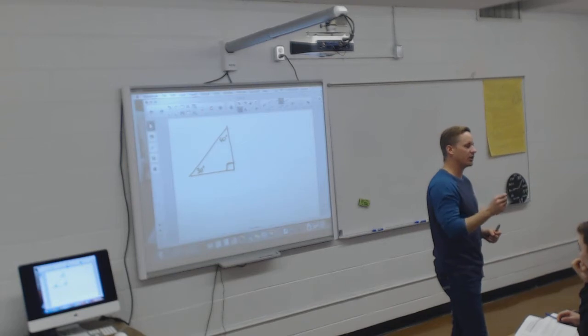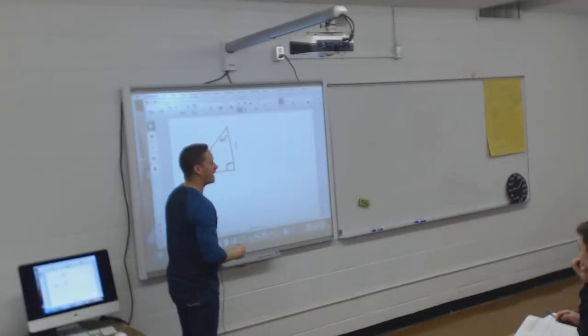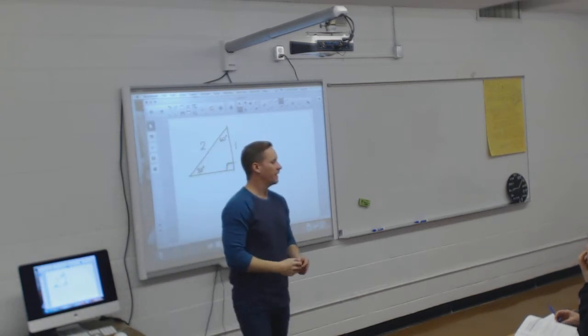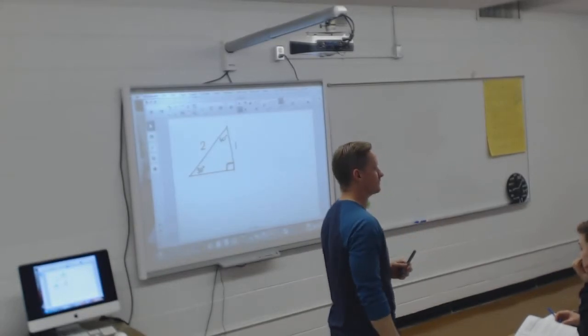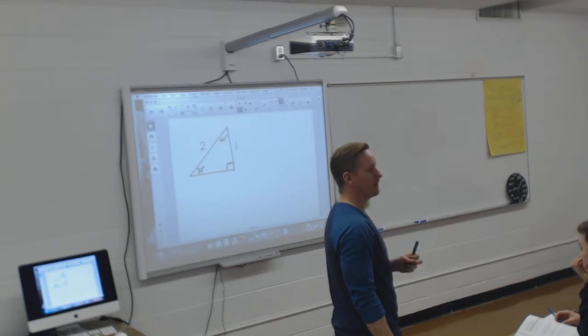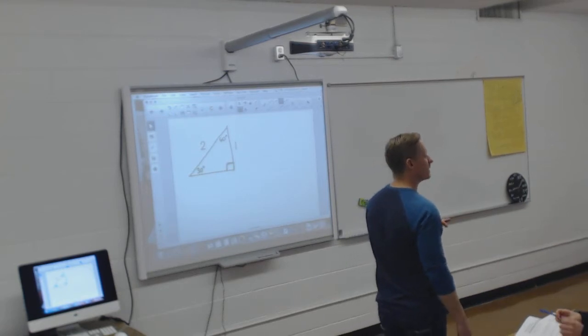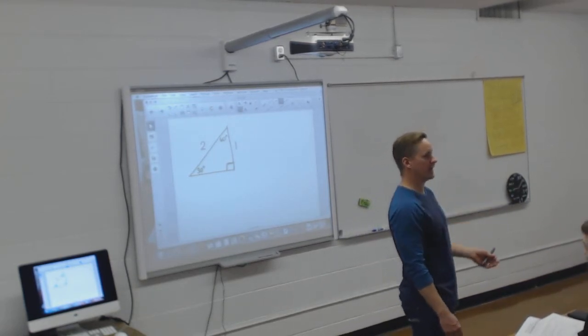That means that your ratio of side opposite over hypotenuse is 1 over 2. Sine 30, you punch it into your calculator, you get 0.5. You need to remember that the sine of 30 degrees is a half. Don't ever forget that, because we're going to refer to it over and over and over again.